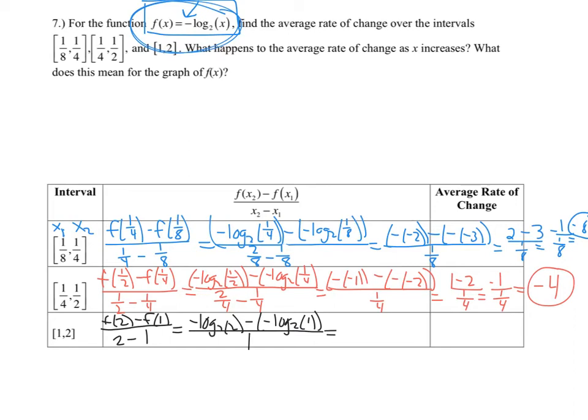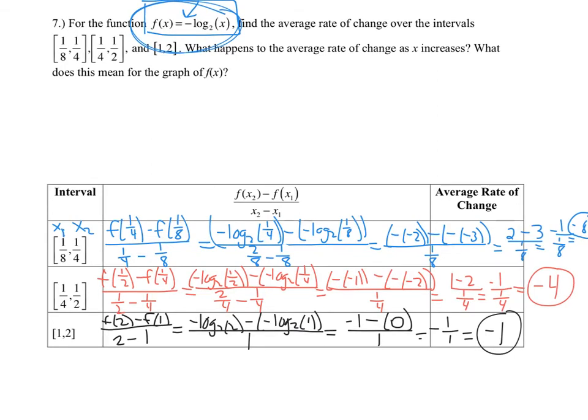So the log base 2 of 2 is 1, and the opposite of that is -1, minus the log base 2 of 1 is 0. We can't have a -0, so it's really just 0. And so we get -1 divided by 1, which is -1.